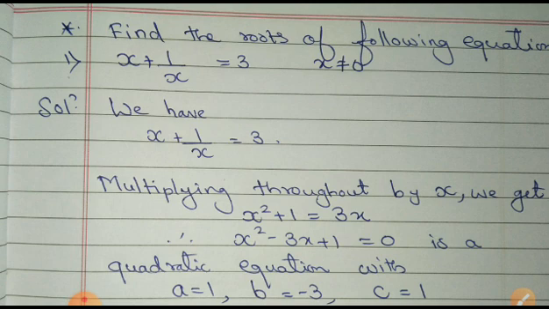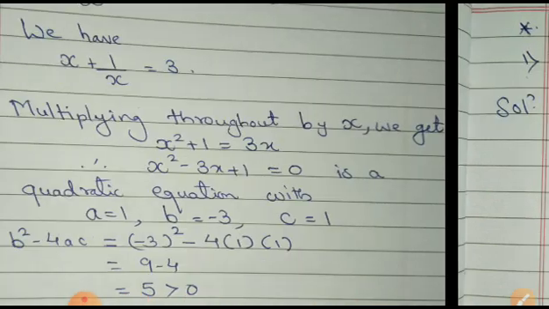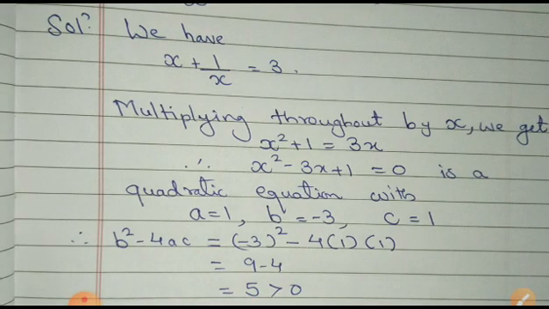Now we'll find the value of b square minus 4ac. After substituting the values, you will get the value as 5. Now 5 is greater than 0. That means the roots will be distinct real roots.